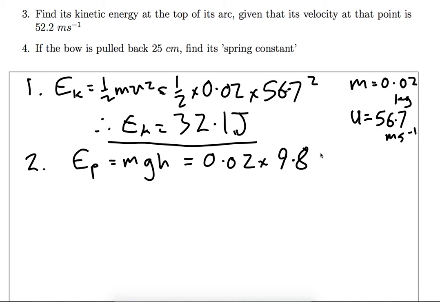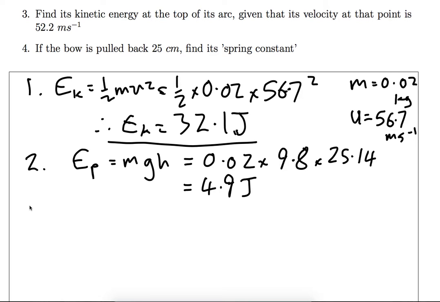The two units are actually interchangeable, and which one we use depends on what we're trying to do, but it's the same thing. Times the height, which was 25.14 meters we calculated in the last problem, and overall that's going to be 4.9 joules. So at that point, we've converted some of the energy from the initial velocity into position within a gravitational field, so that it has gravitational potential energy because of where it is in the gravitational field.